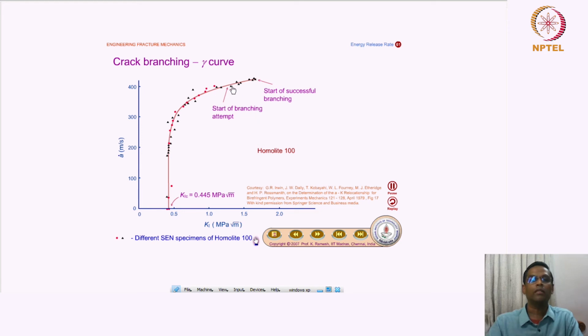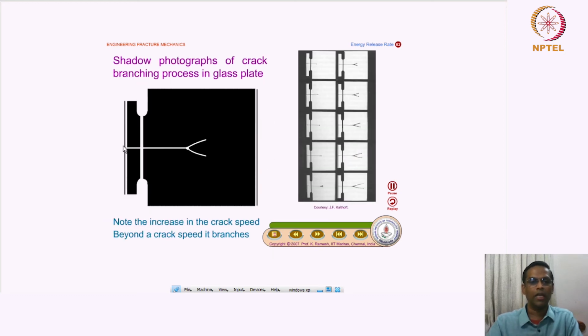The crack branching is starting from here, and then it goes up to this point. So the crack branching is experimentally observed, and like I just mentioned in the previous slides, this is shown by Kalthoff.